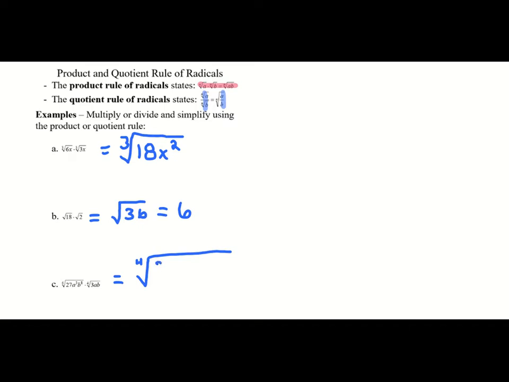So we have the fourth root of 81. And then a to the third times a will give me a to the fourth, because we add those exponents. B to the 8th times b will give me b to the 9th power.